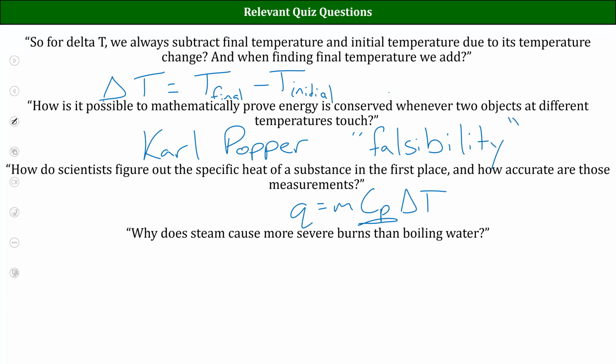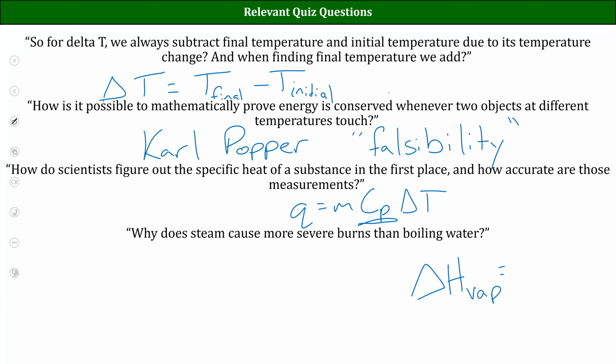So you don't just get hot water on your skin, you also get all that energy from the delta H of vaporization, which I don't have memorized off the top of my head, but it's close to 100 kilojoules per mole? Plus, you then also still have hot water on your skin. So steam is way more dangerous than water is because of the phase change.